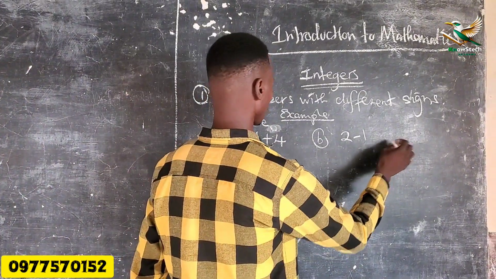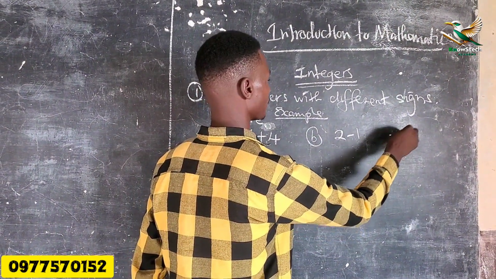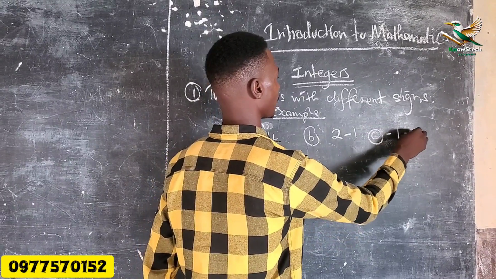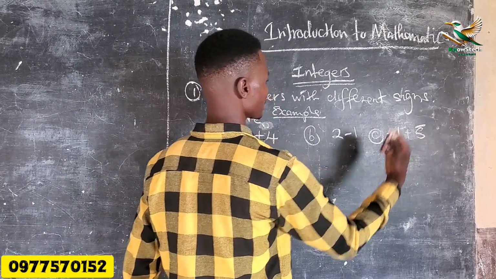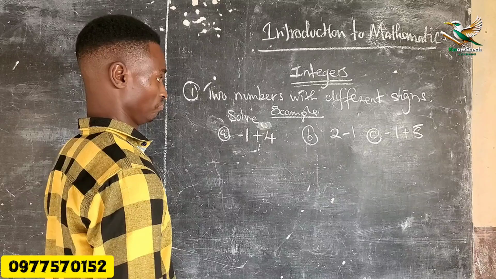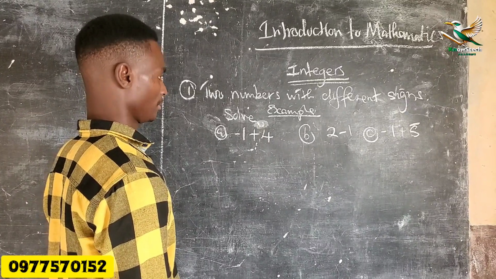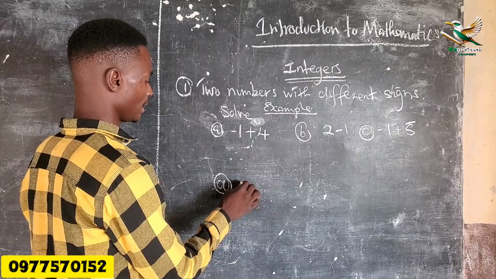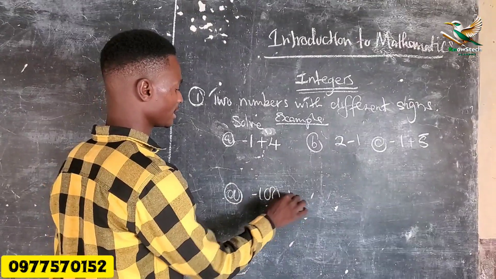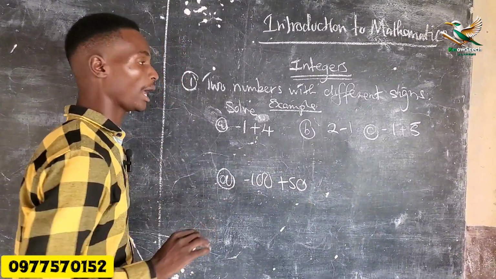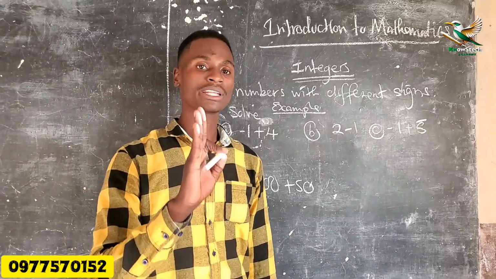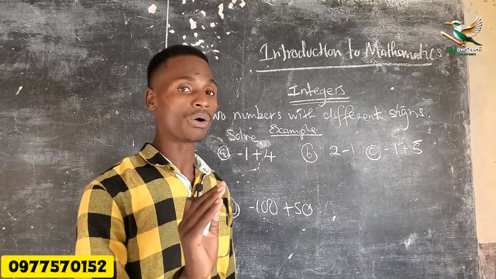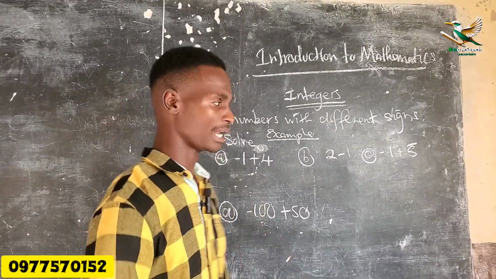Now, let's say you have C: -1 plus 5. Let's just look at these two. Maybe even the last one, let me add this one: -100 plus 50. Now, the method that most of you know is using a number line.